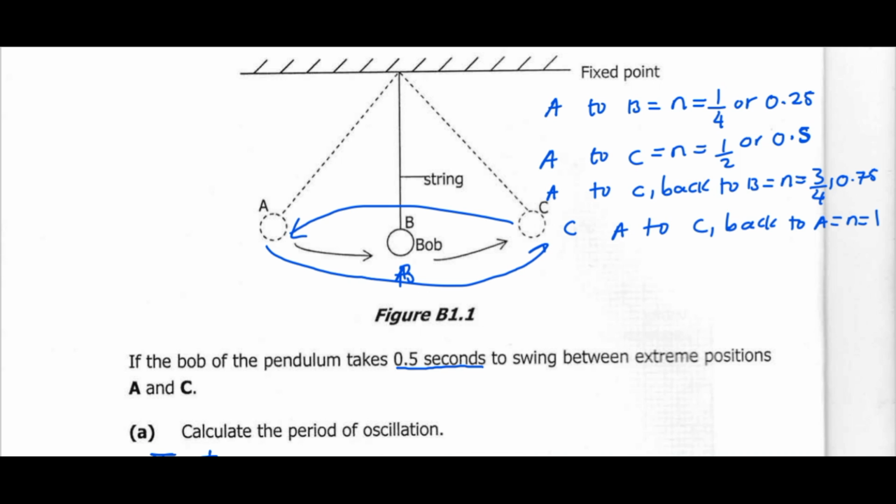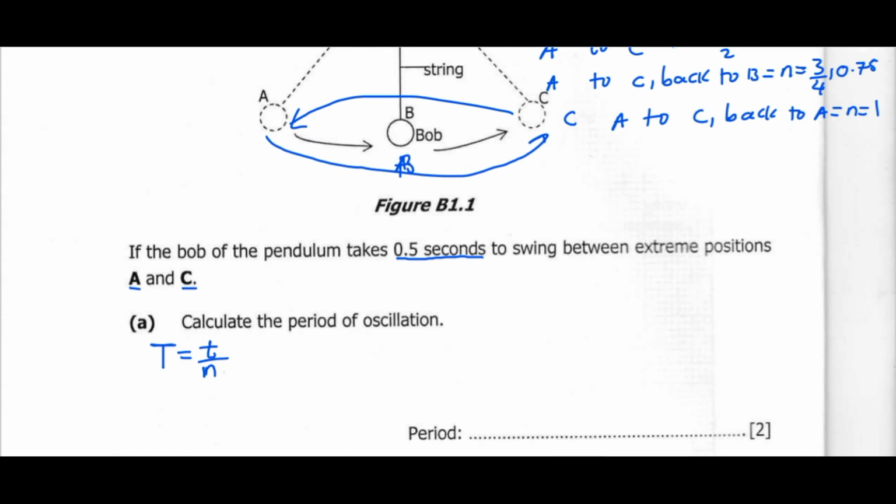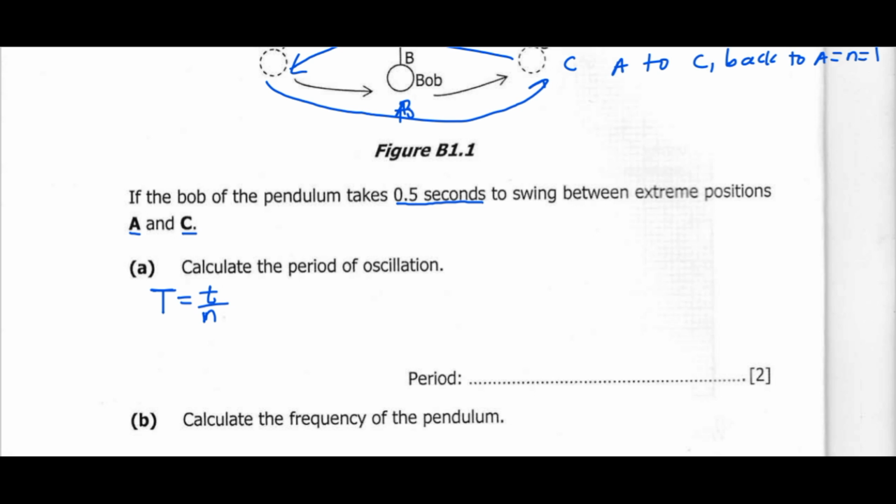Now since we are looking at if it moved from A to C, then we know that A to C is half, which is 0.5. So here the answer will be T is equal to 0.5 divided by 0.5, and this will give us T is equal to 1 second.